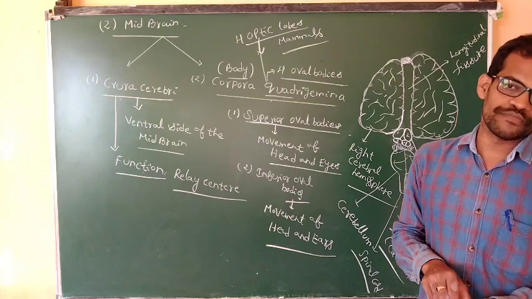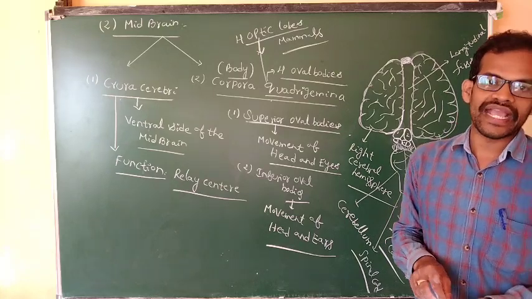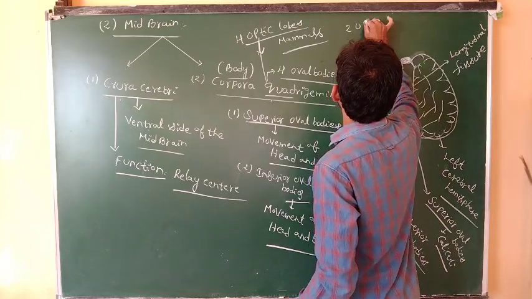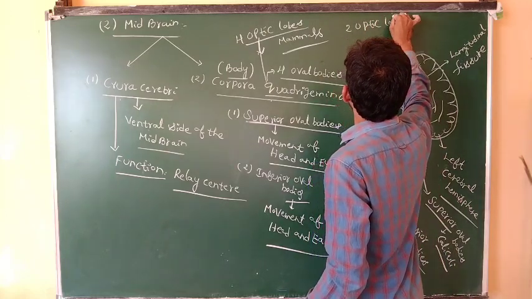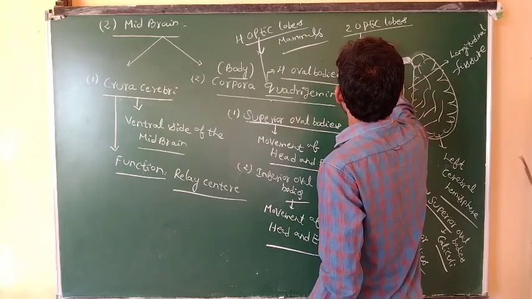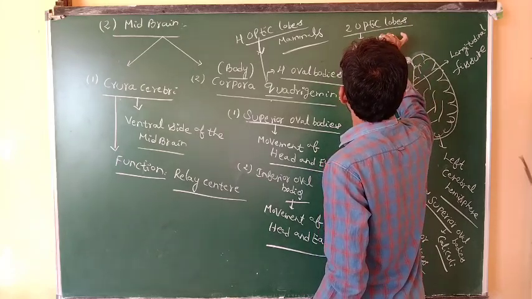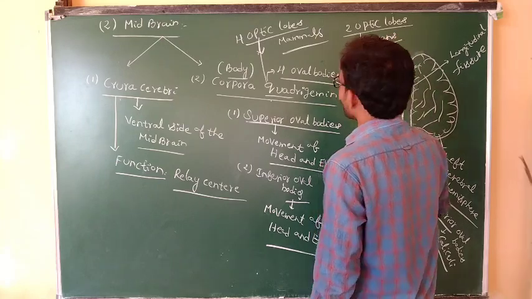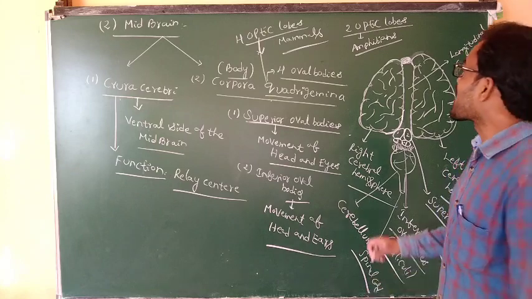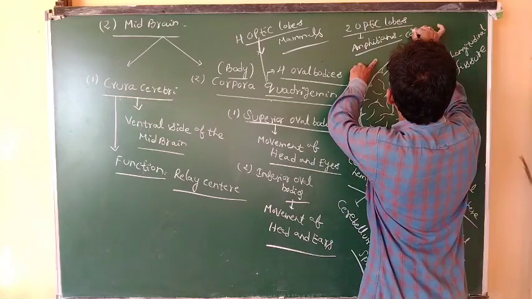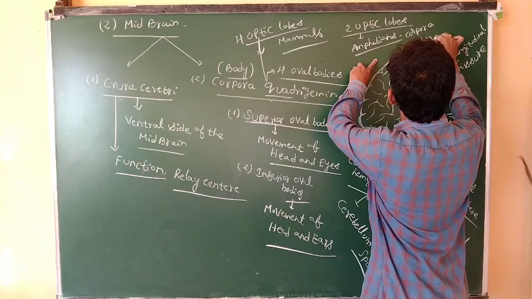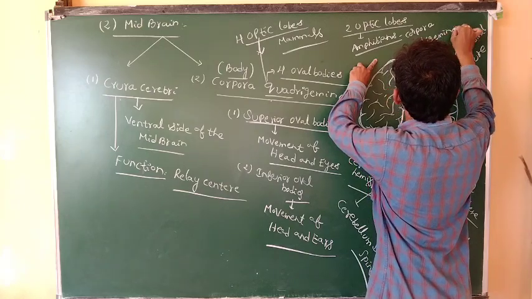Two optic lobes: corpora bigemina. Two optic lobes are present in amphibians.